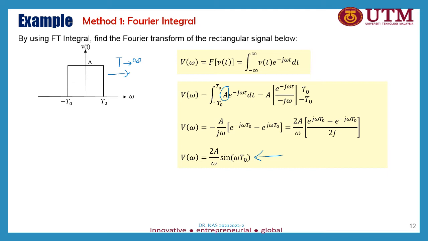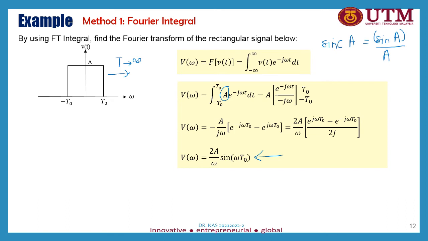However, in Fourier transform, usually the rectangular signal will be transformed into a Sinc function. S-I-N-C, Sinc function. So Sinc A, for example, equals sine A divided by A. So in this case, to convert sin into Sinc function, you need to divide by, so sin omega t naught divided by omega t naught.